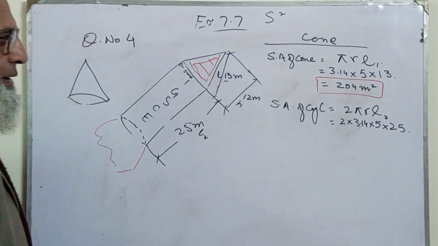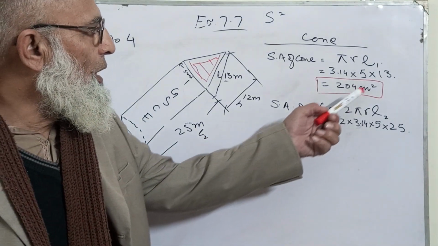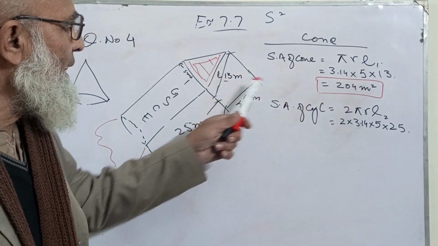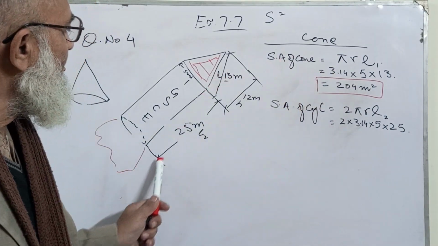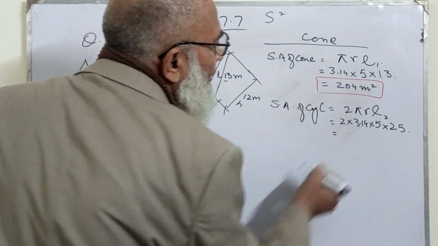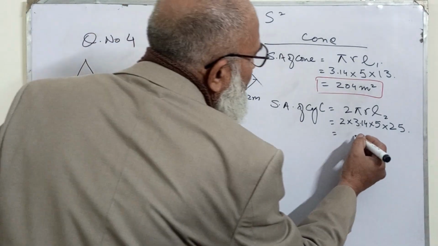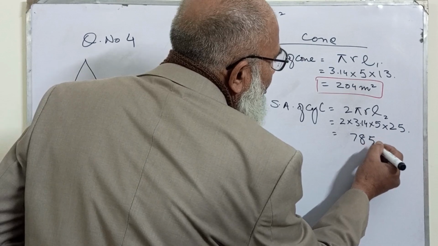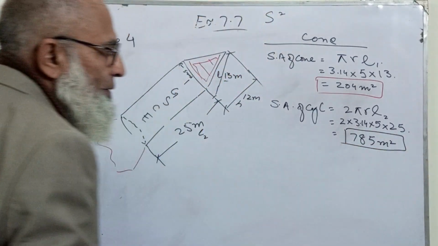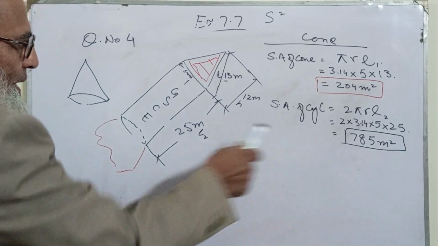If you are mixing these l's, this l is the slant height of the cone, but this is the vertical height of the cylinder. Now it becomes 785 meter square. Now keep this answer with you again. This is the second answer.